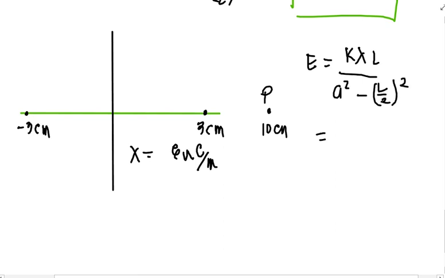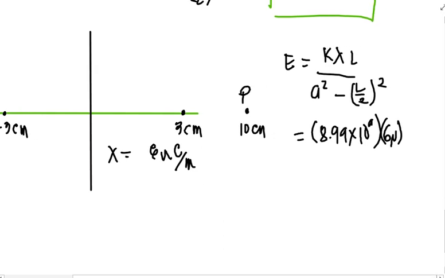So this is equal to K, which is 8.99 times 10 raised to the power of 9, lambda which is 6 micro, and L, which is from here to here, so 3 cm plus 3 cm, that is equal to 6 cm.